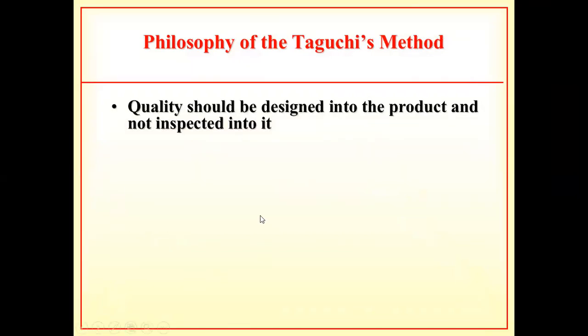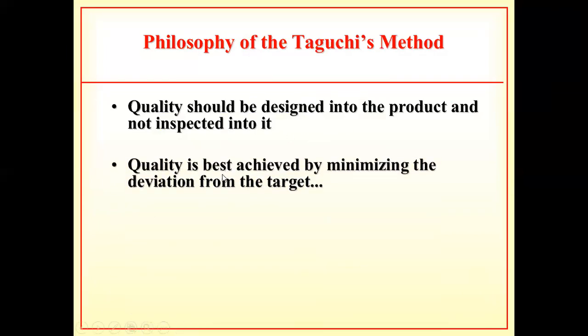Whatever I mentioned up to now, if I summarize, represents the philosophy of the Taguchi method. What is the philosophy? I already mentioned: quality should be designed, engineered into the product, not inspected into it. Inspection will not bring quality; he said it should be designed. Second, quality is best achieved by minimizing the deviation from the target. Try to produce at the target. The more the deviation from the target, the more the loss, because it is a quadratic function.